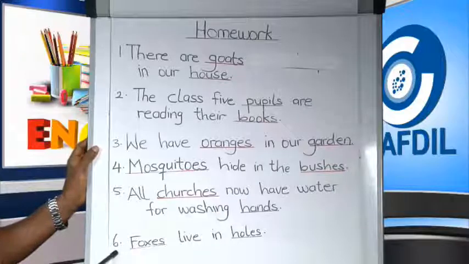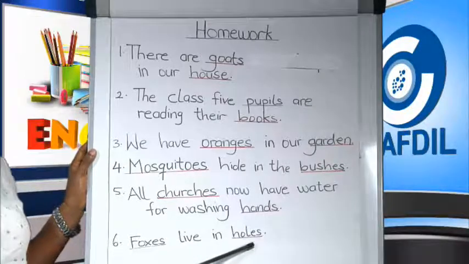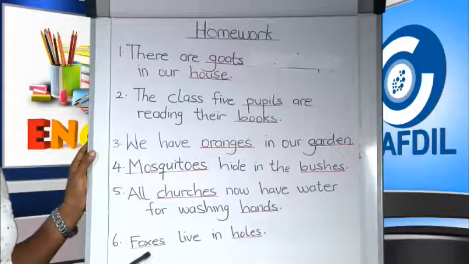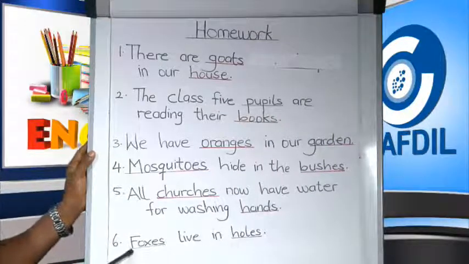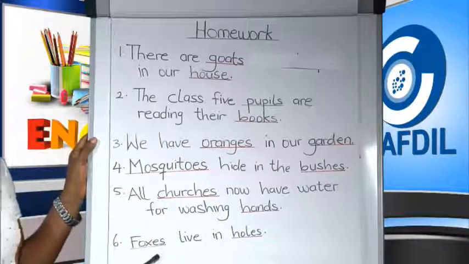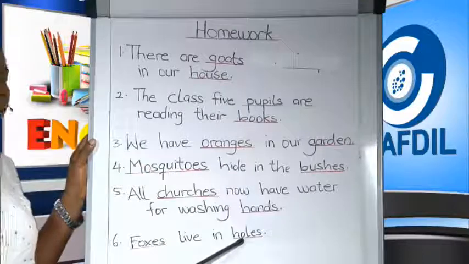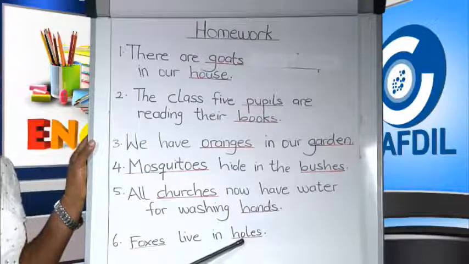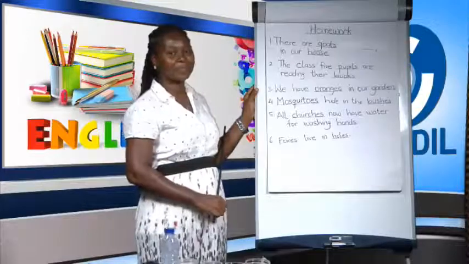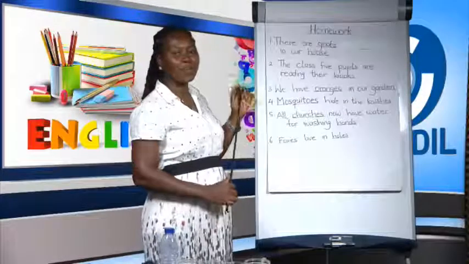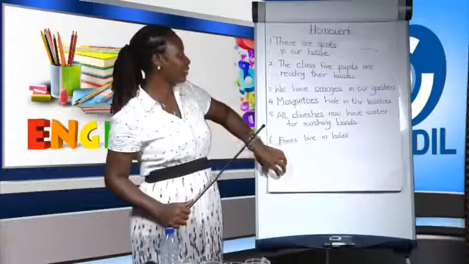The last one: Foxes live in holes. So we have underlined foxes as a countable noun and then holes as a countable noun because we can count them. I hope you had all of them correct. Good.